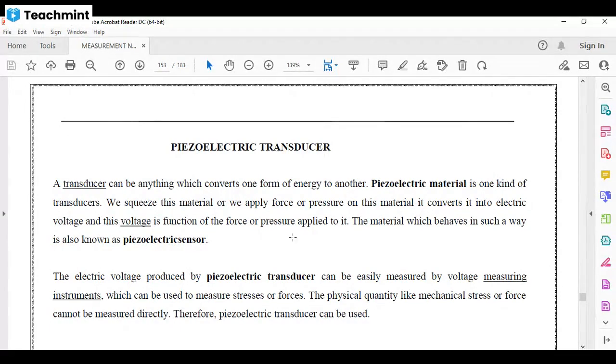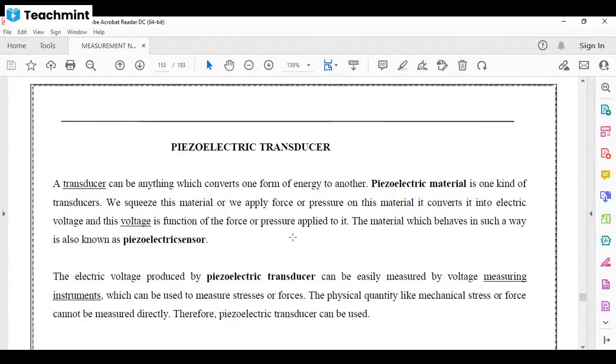So in a piezoelectric material, due to the applied force or pressure, the material converts it into an electrical voltage, and this voltage is a function of the force or pressure applied on this piezoelectric material or piezoelectric crystal.